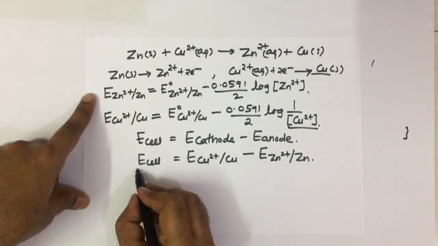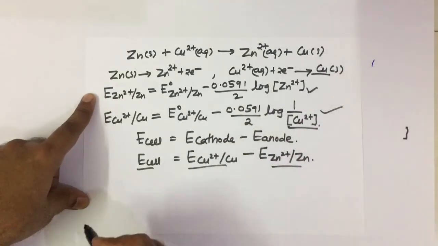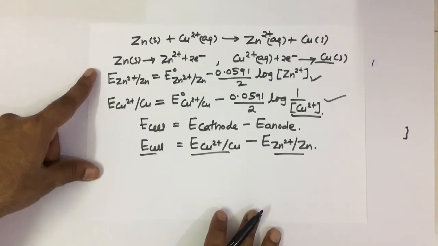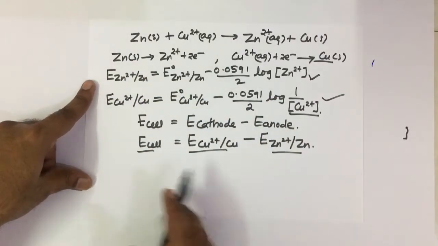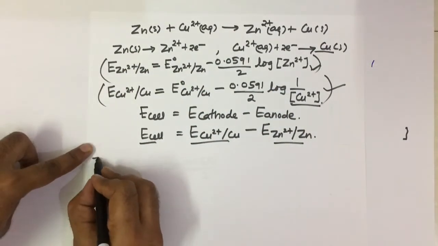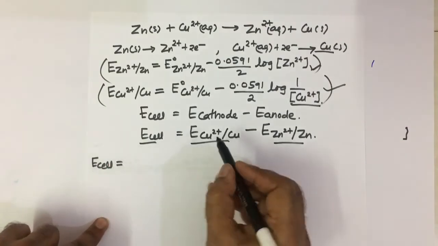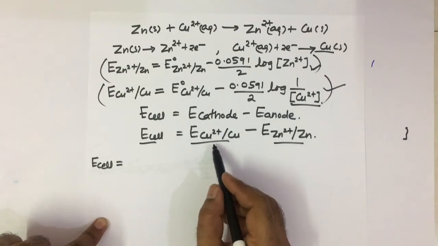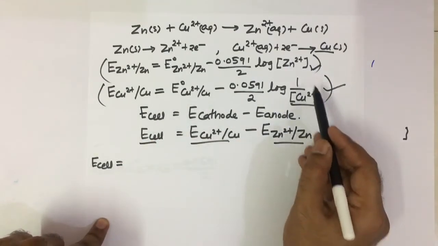Now substituting the values from these equations, we can write the equation for the E cell made up of zinc and copper electrodes. E cell is equal to E cathode minus E anode, E copper minus E zinc.